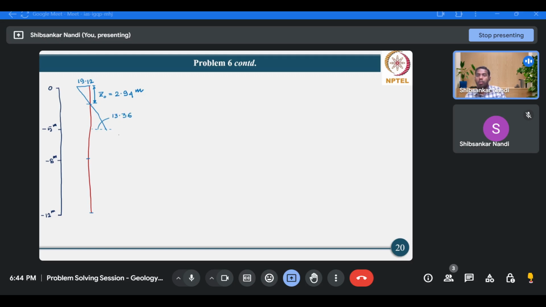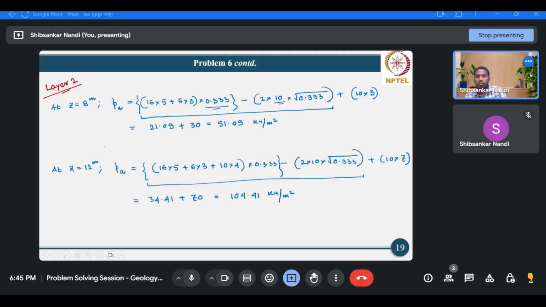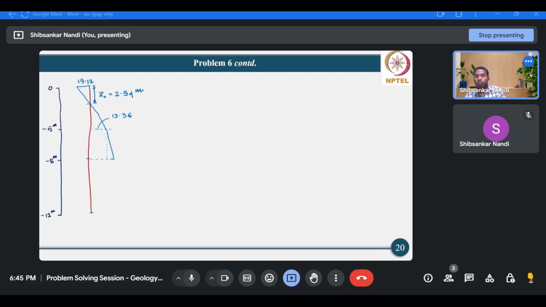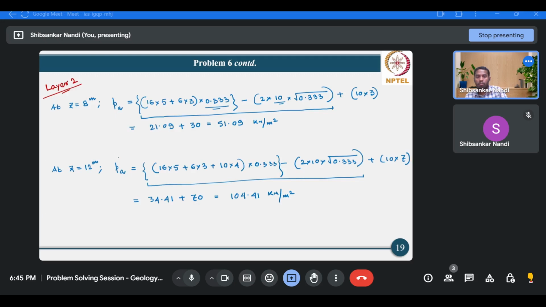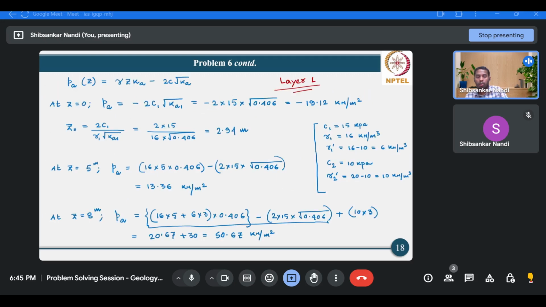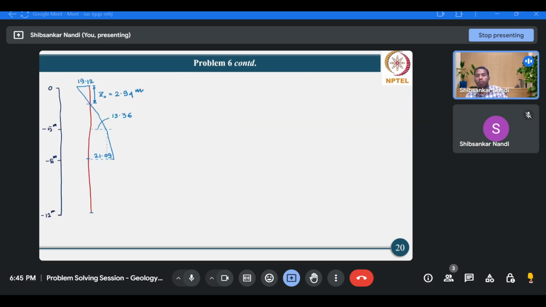That is the active earth pressure at the water table level. Then this value is your 21.09 at the interface. Sorry, this is not 21.09, this is 20.67 from layer 1.